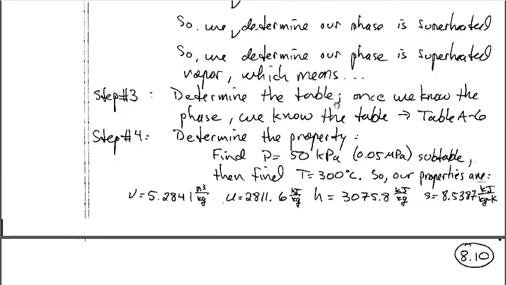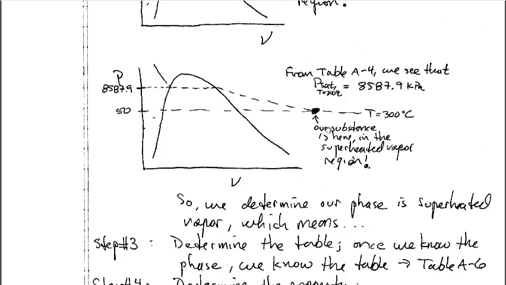But what happens if we were to determine that our substance is not a superheated vapor or a compressed liquid, but is in fact a two-phase mixture, right? What if, for example, our substance is somewhere under the dome?